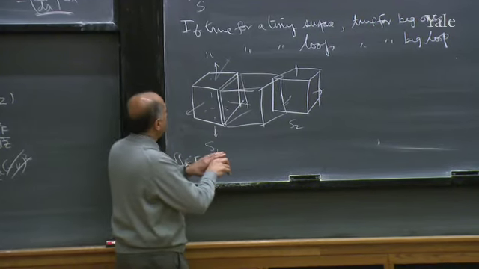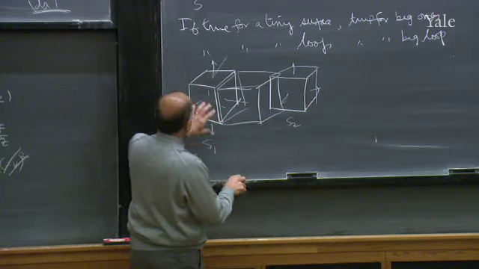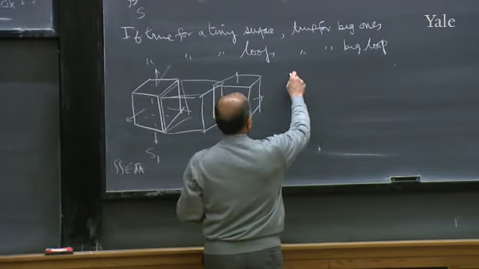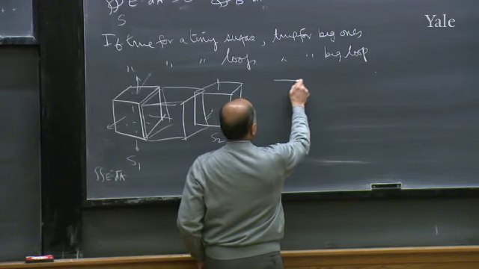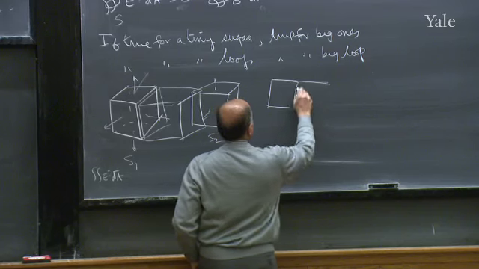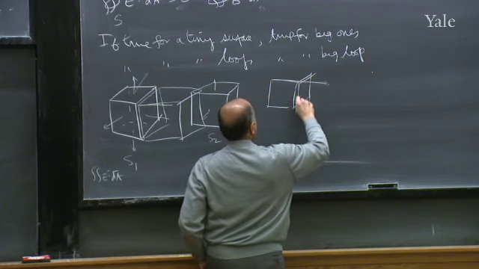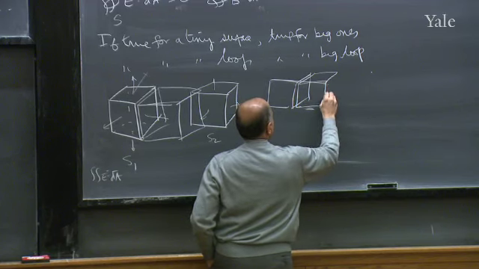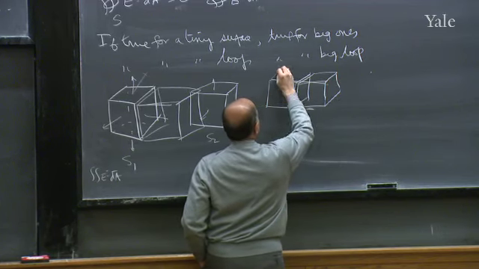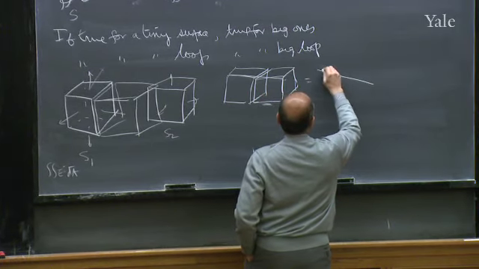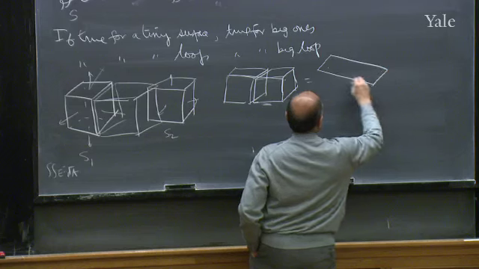Then I claim that the surface integral on this one plus the surface integral on that one is the surface integral on the union of the two. In other words, take one cube, take another cube, and that surface integral will be the same as on a longer object.